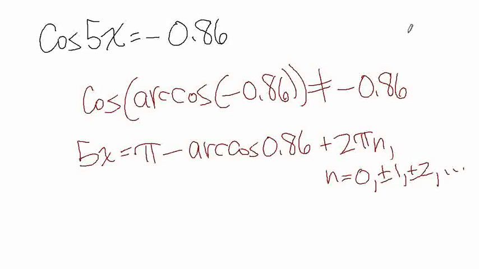Okay, now in addition to subtracting the arc cosine of 0.86 from pi, we can also add it to pi. And that'll also be a solution. So we're going to want to change the minus sign there to plus or minus. Okay? So as you can see, you need to know how the sine, cosine, and tangent functions relate to the unit circle really well.